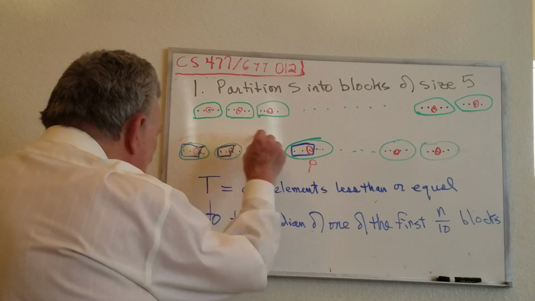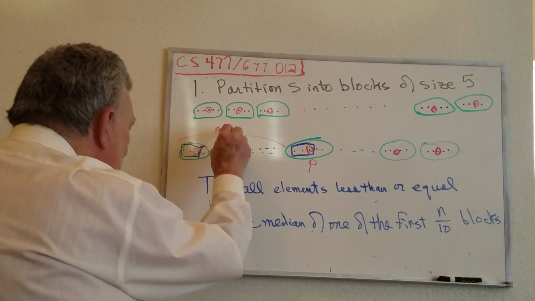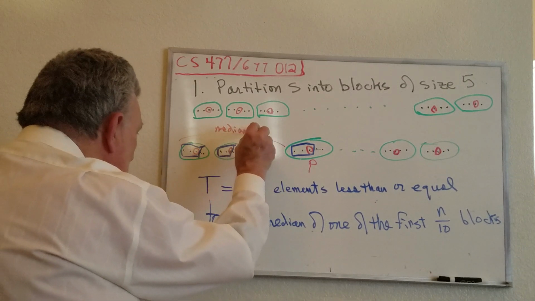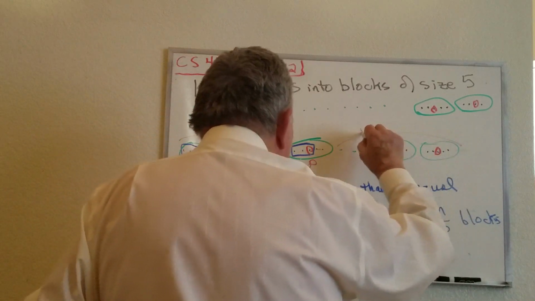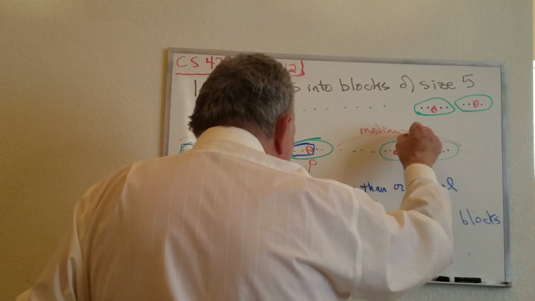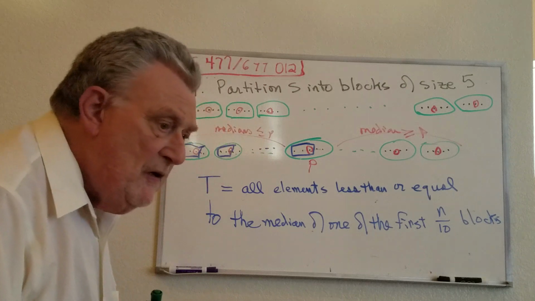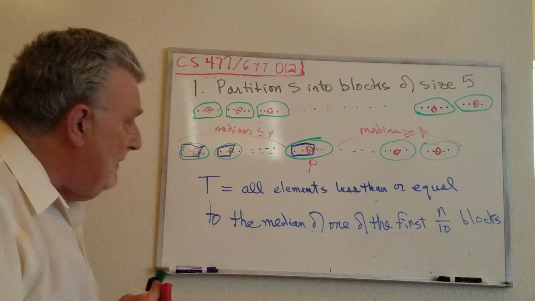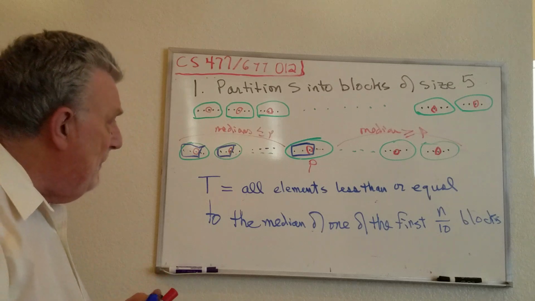So all of these positions, the medians, are less than or equal to P. And on this side, the medians of these elements are greater than or equal to P. Now, you notice I'm only talking about the median of each block. So the other elements could be something else.